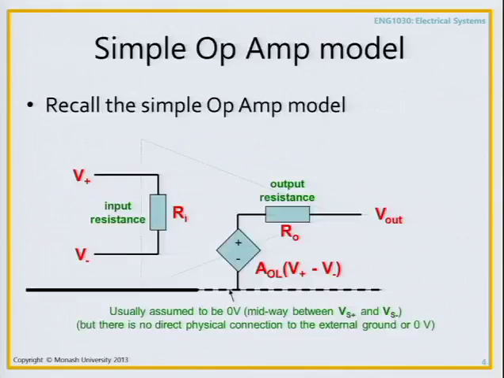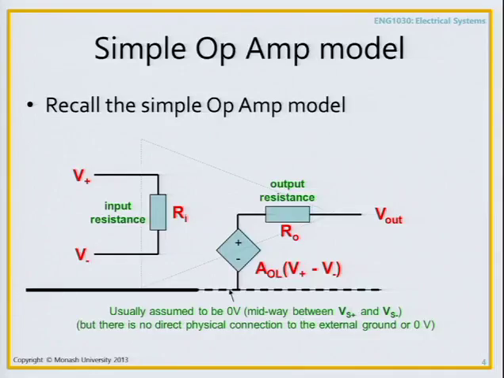Okay, so recall that we saw this slide last week in the very first op-amp lecture, and it talked about a simple model of that really complicated model of the op-amp. And this was primarily to enable first and second year students to understand op-amps without blowing your mind away and turning you off electrical engineering.